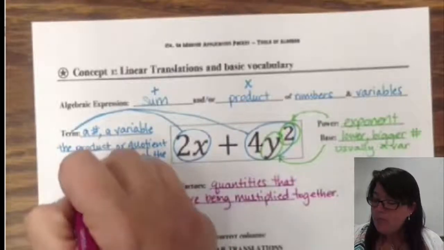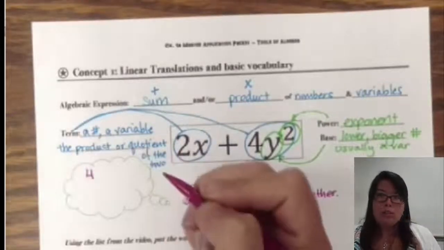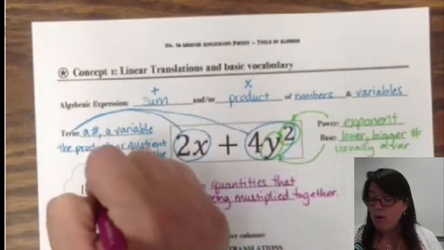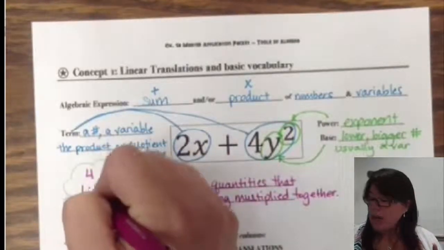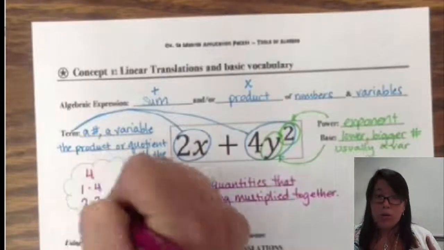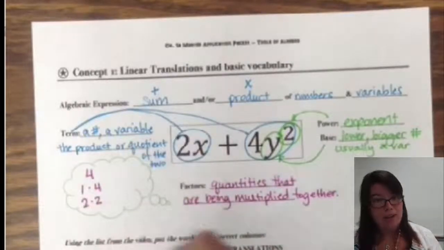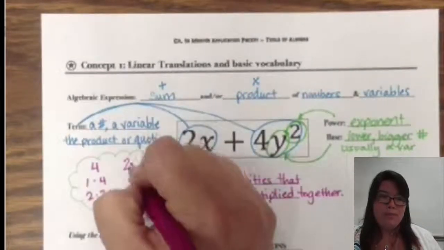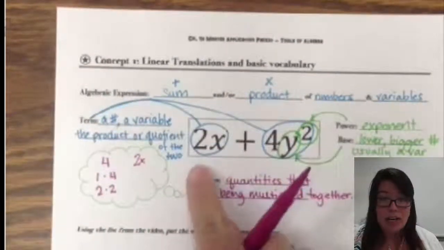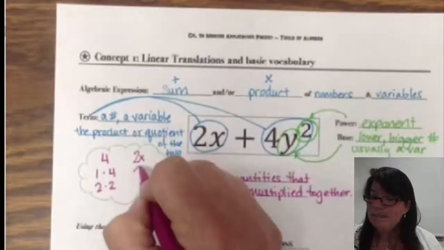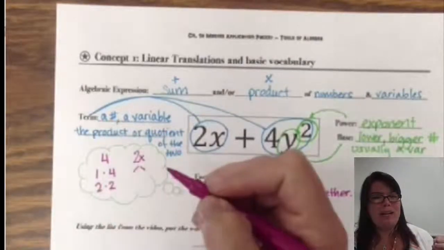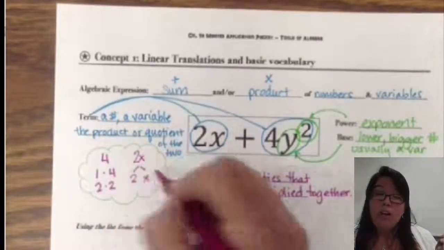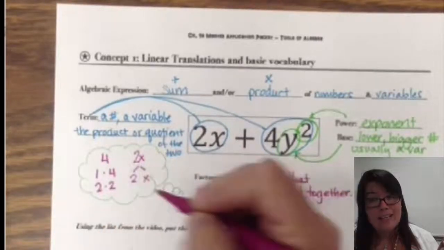For example, if you have the number 4, well, what can I multiply together to get 4? I can do 1 times 4, so 1 and 4 are factors. I can do 2 times 2, so 2 and 2 are factors, factors of 4. What if it has a variable? What if it's 2 times x, like our example here? Well, if I ask myself, what two things are being multiplied together in this example? 2 is being multiplied by x. So the factors are 2 and x.